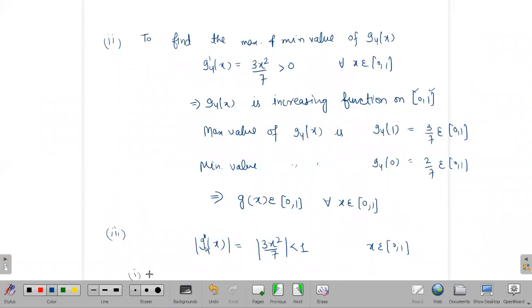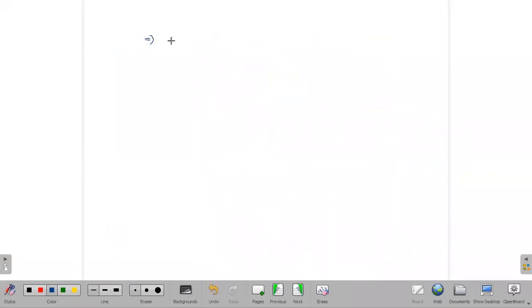Here I can write g of x is continuous on 0, 1. So g4 of x satisfies the convergence condition. It means that with the third step you got the appropriate g of x here.